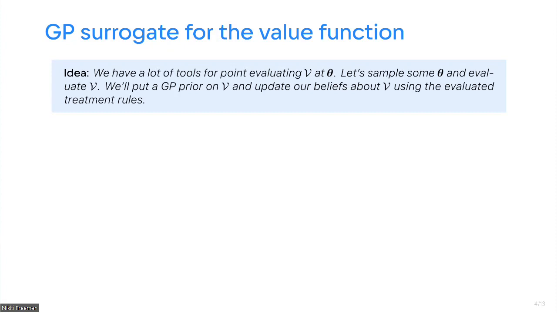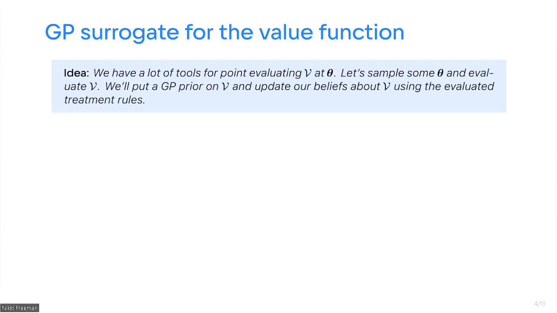And so what we're going to do is sample some thetas, okay? And remember, sampling some thetas is the same as sampling some decision rules, because the decision rules are completely parameterized by these thetas. Then we're going to use the tools that we already know and love, IPW, AIPWE, G computation, and evaluate the value at those thetas.